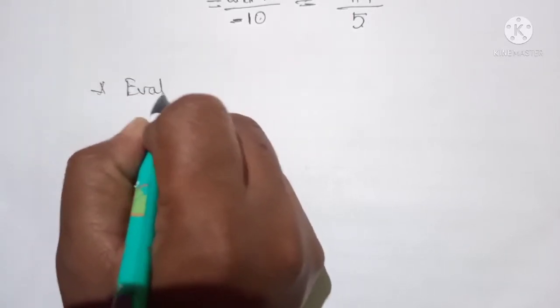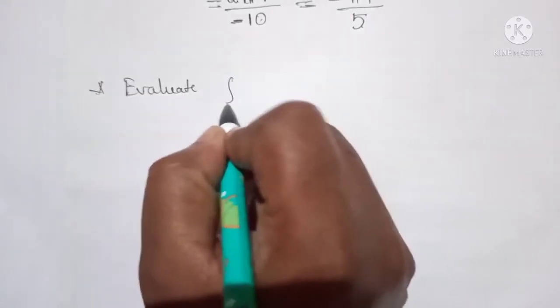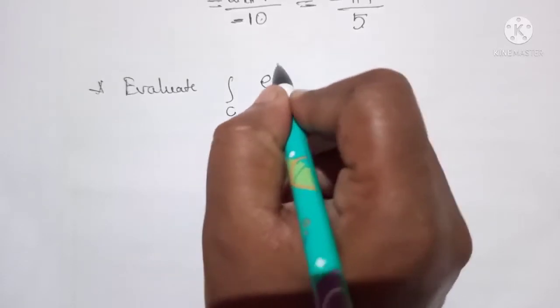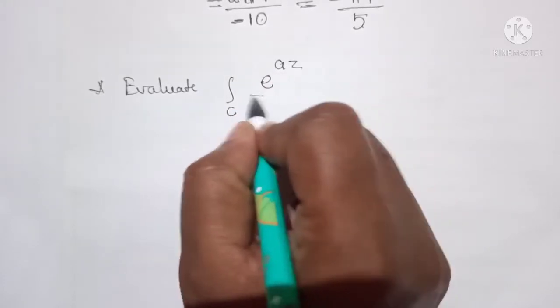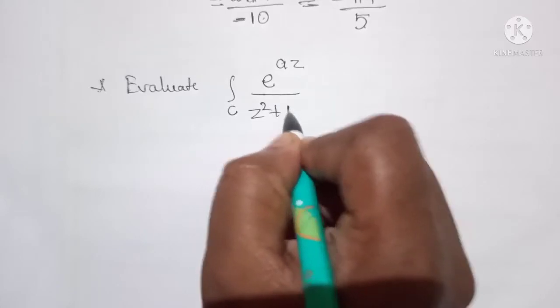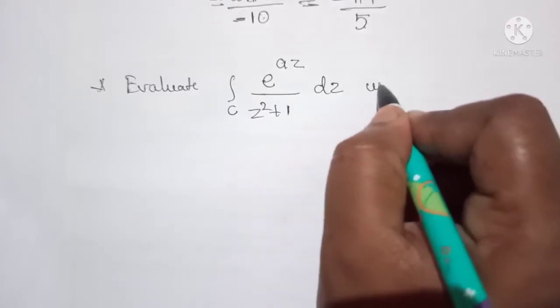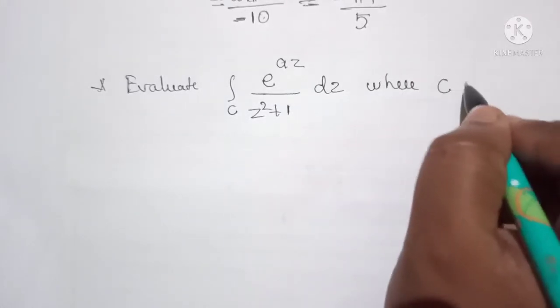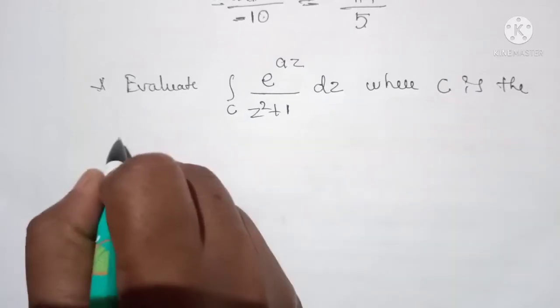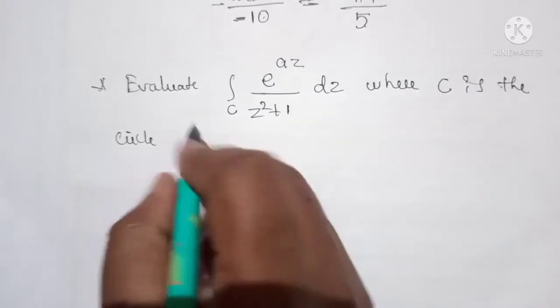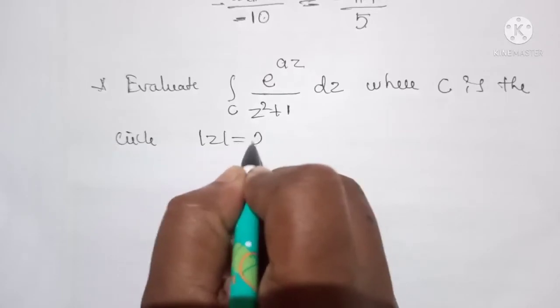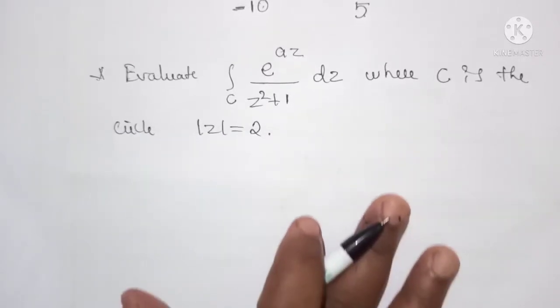Evaluate the integral over c of e raised to az divided by z square plus 1 dz, where c is the circle with mod z equals 2.